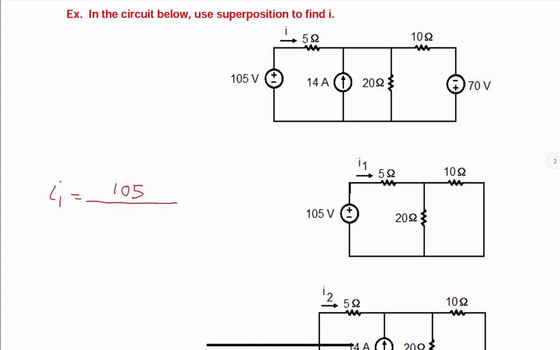Total resistance is 5 plus 20 and 10 combined in parallel. So that would be 20 times 10 divided by 20 plus 10, 105 over 350 over 30, and we get 9 amps.